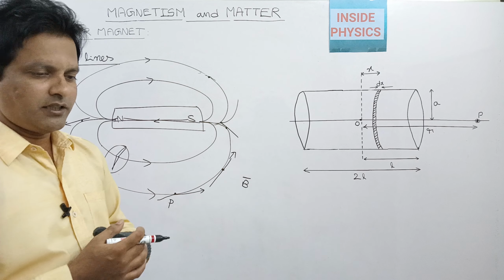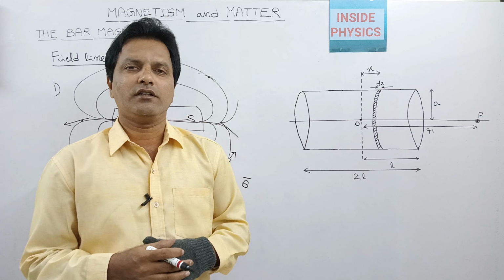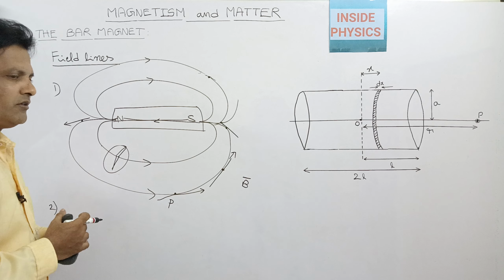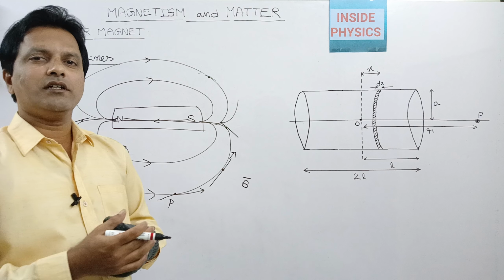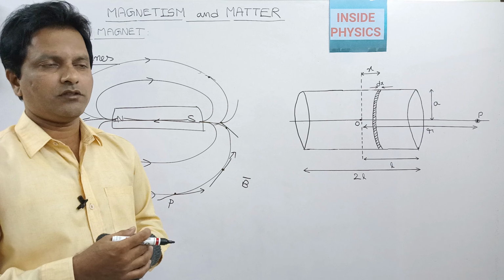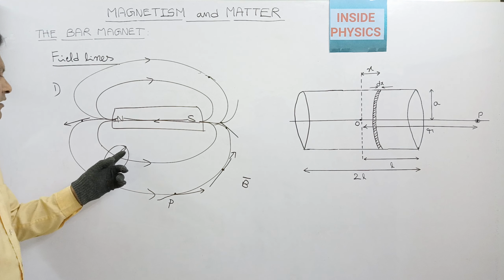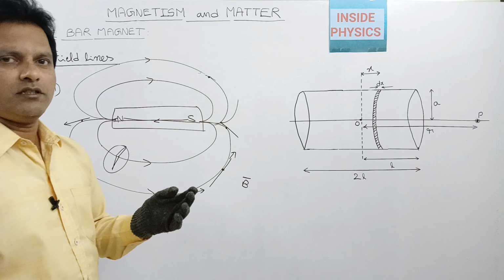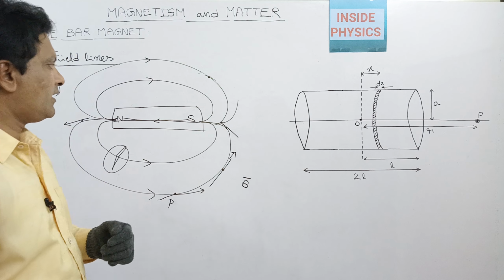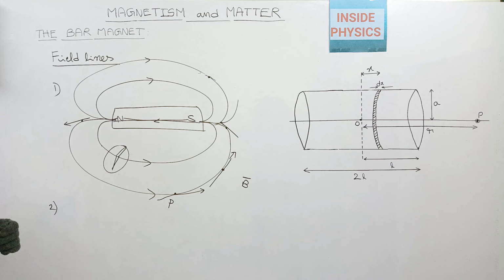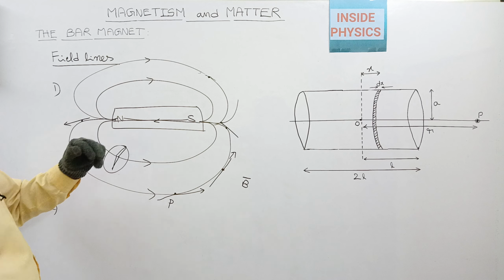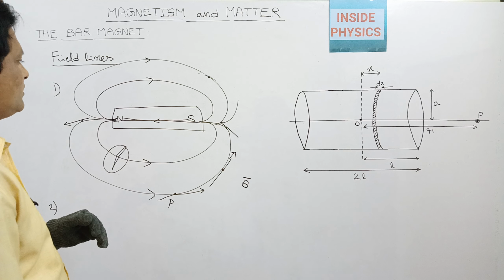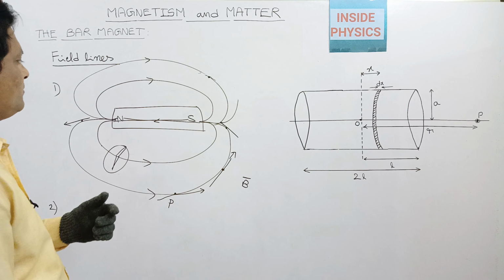When you consider the earth's geographic north and south, the south pole of the compass needle is directed towards the geographic south, and the north pole towards the geographic north. Here the compass needle is near a bar magnet, so it is deflected because of the magnetism of the bar magnet.